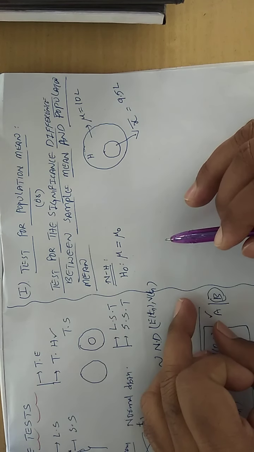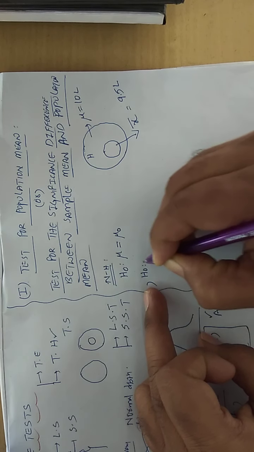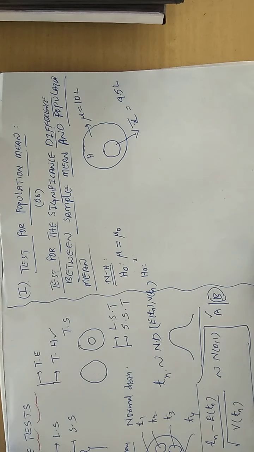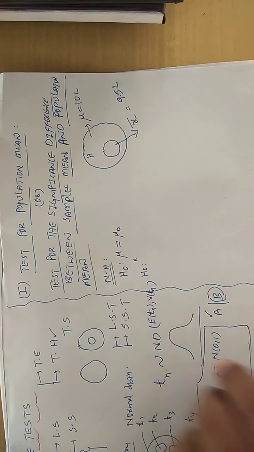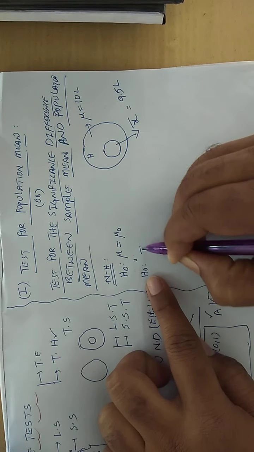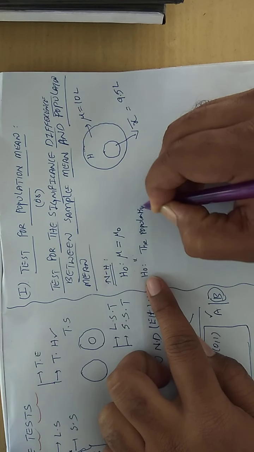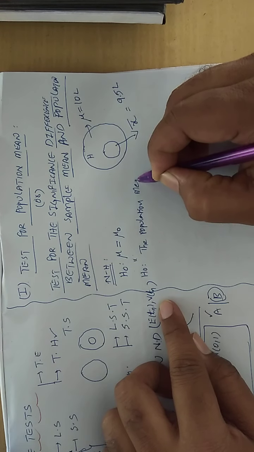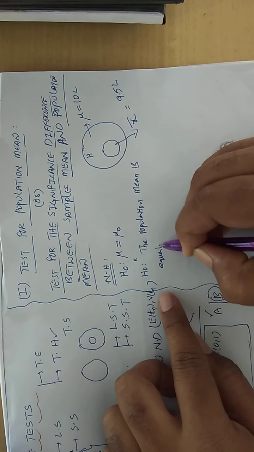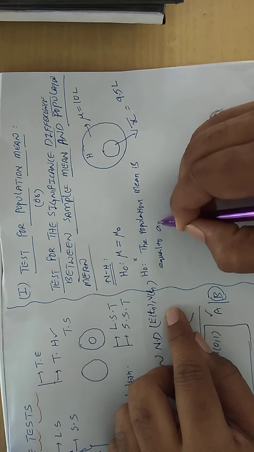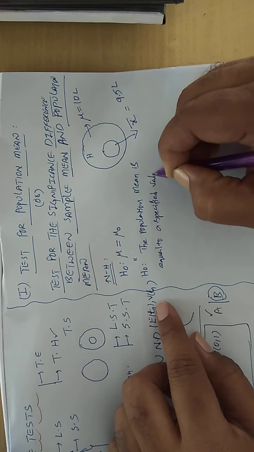Immediately after the notation form, you need to write the verbal form also. That is H naught colon dash: the population mean is equal to a specified value.